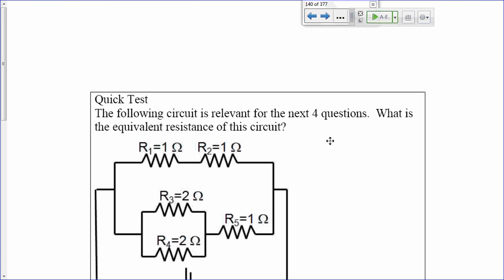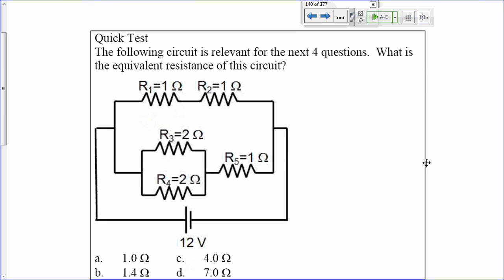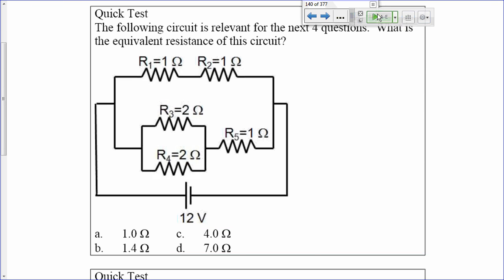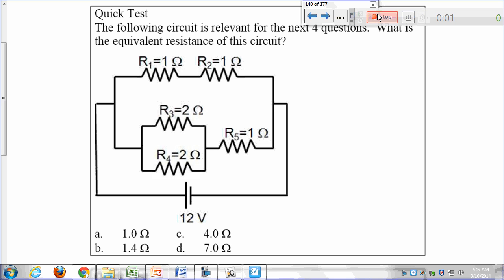Okay, let's try this one. So, expect something along this difficulty. We'll see some multi-loop circuits as well, which we'll get to soon. First, what is the equivalent resistance of this circuit?